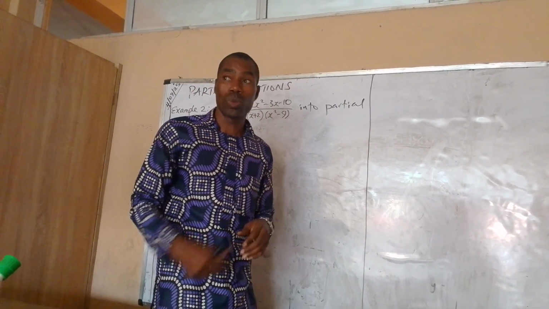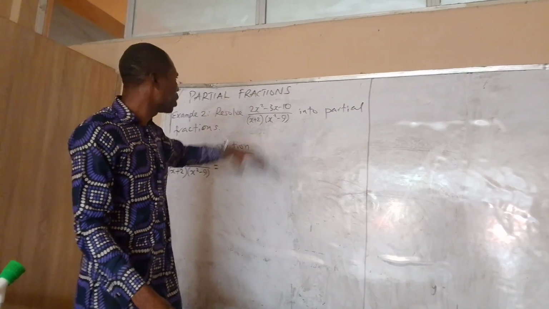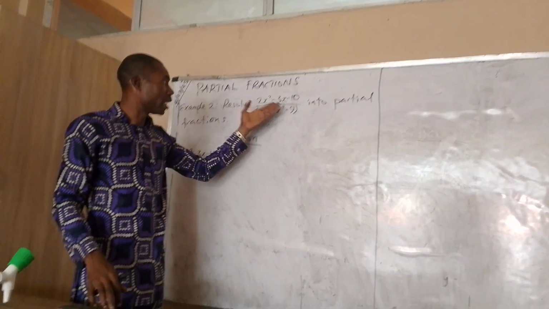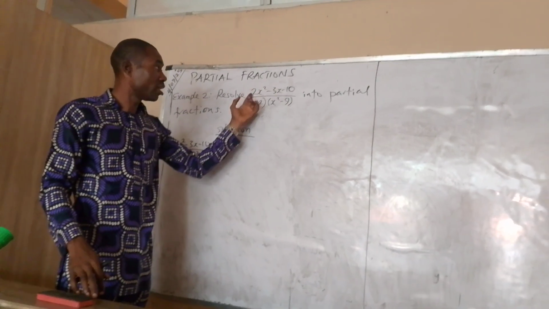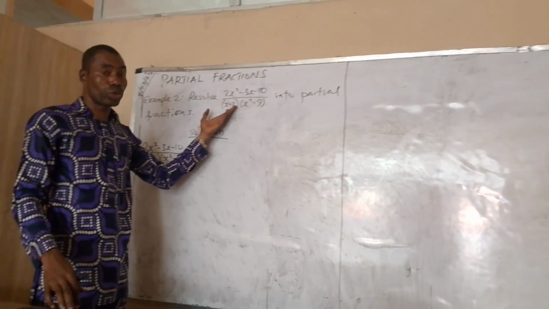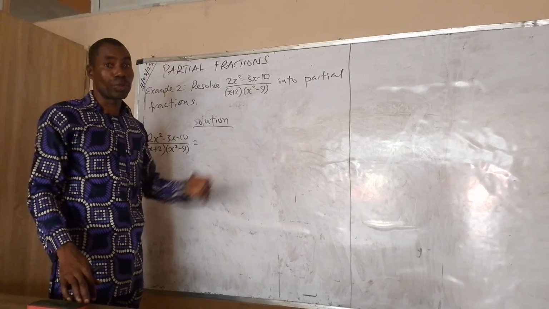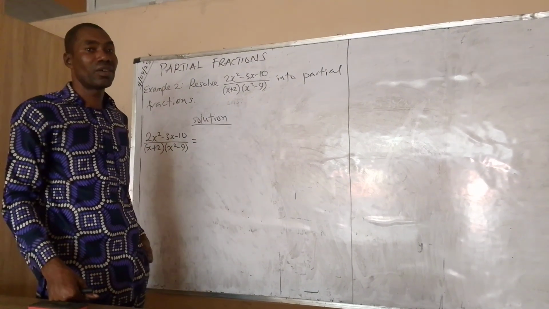Now, the question says resolve 2x squared minus 3x minus 10 all over (x plus 2) into (x squared minus 9) into partial fractions.